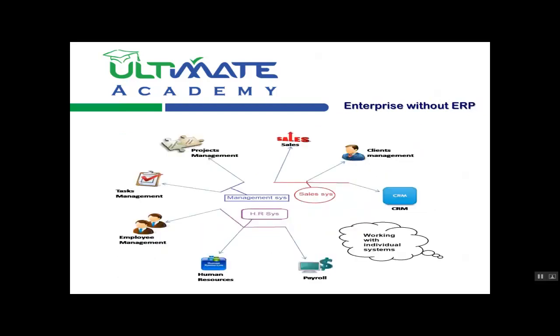Now let's take a look at a different company, and that company is working with individual systems. The departments here can work efficiently, but they will be separate entities. They will not have a clear communication within the company. That, of course, can affect the speed and the efficiency and even the quality of the business.